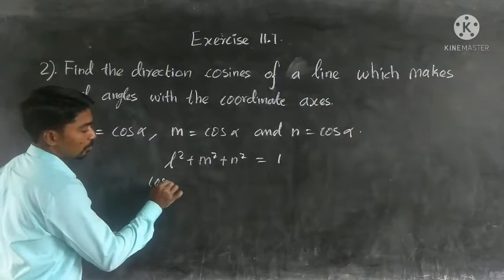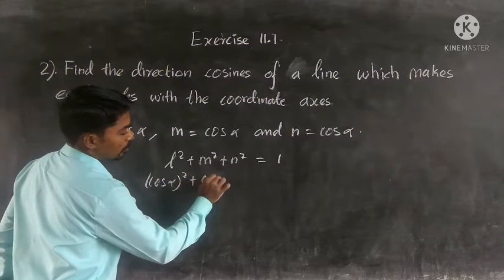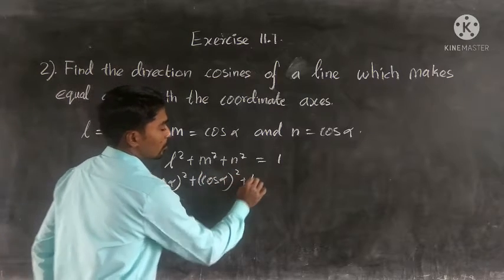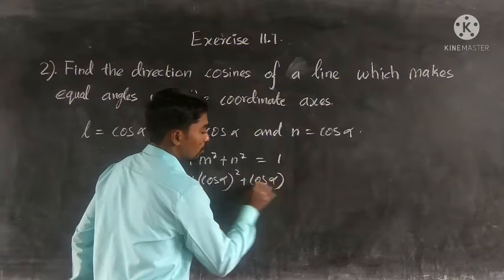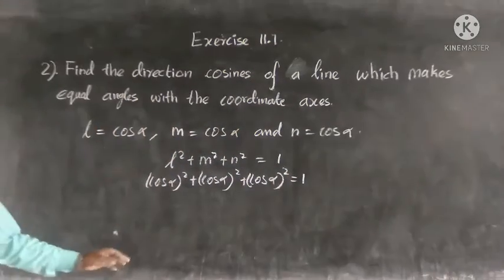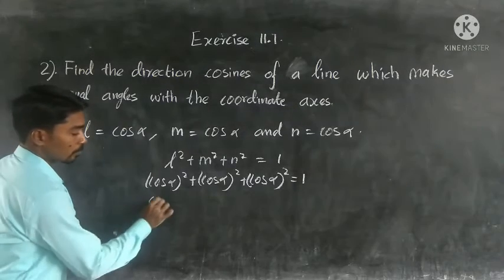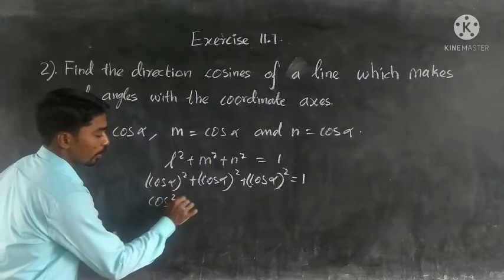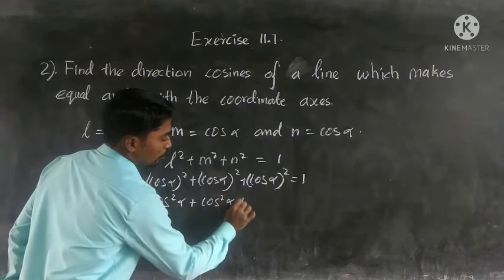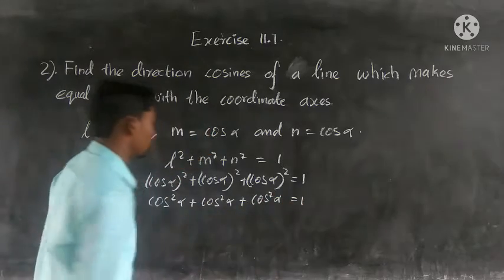That is cos alpha whole square plus cos alpha whole square plus cos alpha whole square is equal to 1. Expand it, we will get cos square alpha plus cos square alpha plus cos square alpha is equal to 1.